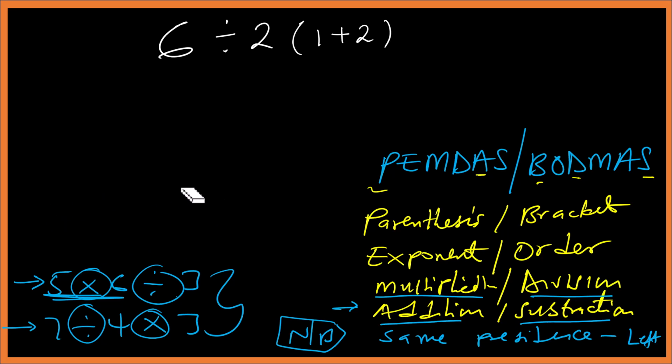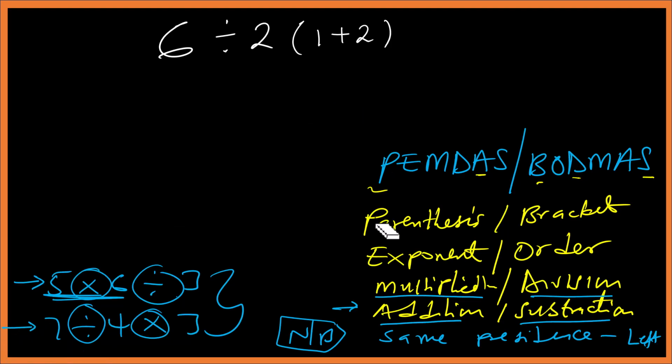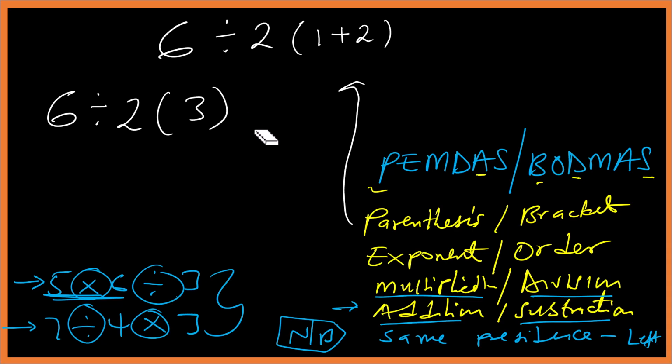So we have 6 divided by 2 parenthesis 1 plus 2. What we are going to do is to deal with the parenthesis. So we have 6 divided by 2, and 1 plus 2 is 3, so we have 3 here.